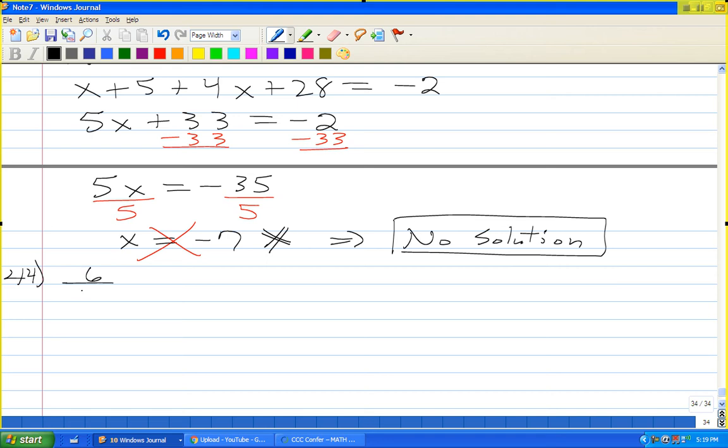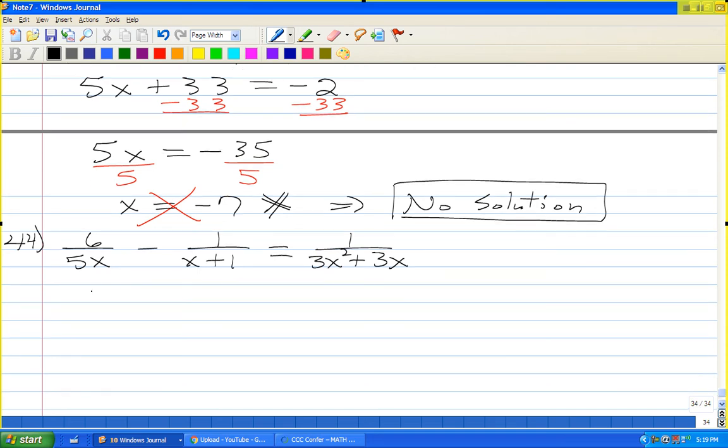6 over 5x minus 1 over x plus 1 equals 1 over 3x squared plus 3x. Okay. So let me factor.